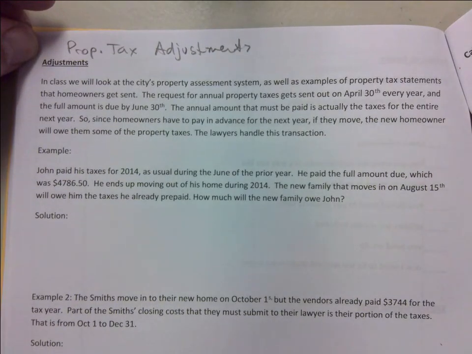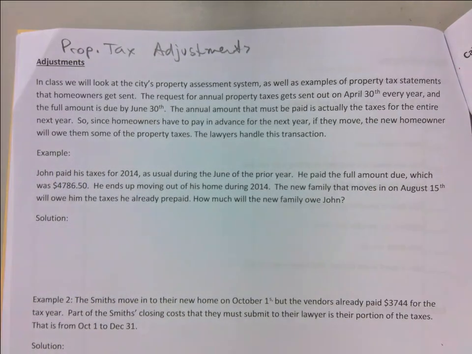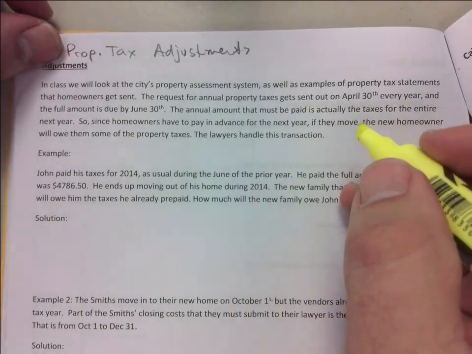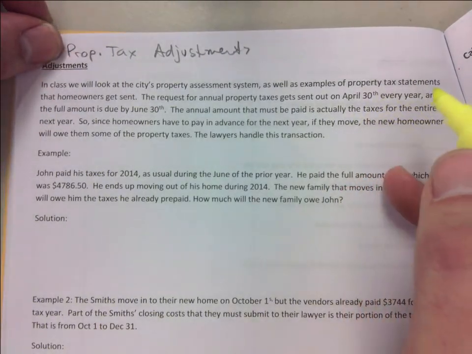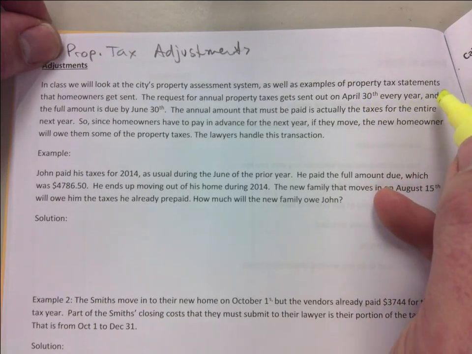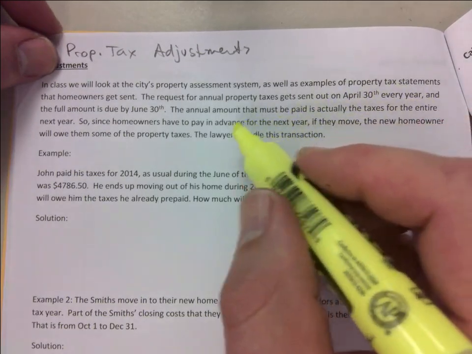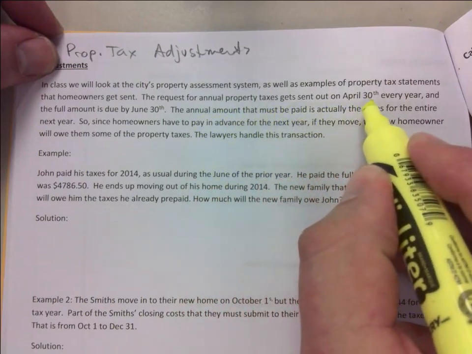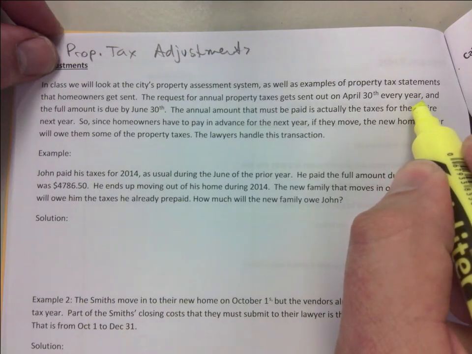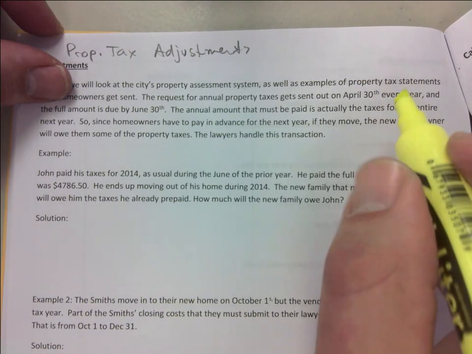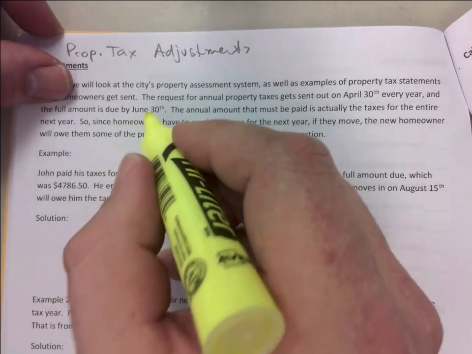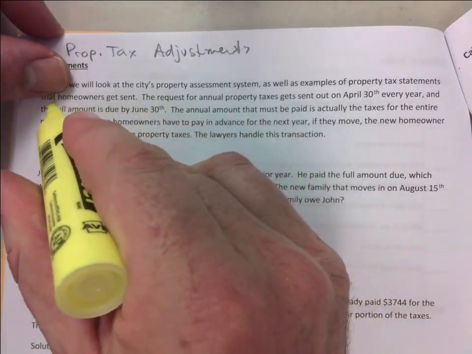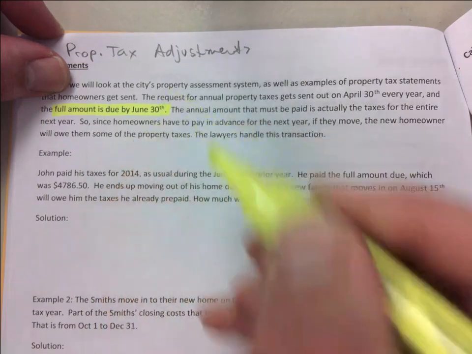In this class we did look at property assessment systems, as well as examples of property tax statements. The request for annual property taxes gets sent out on April 30th of every year. The full amount, it's page 105 if you're still looking for it, is always due June 30th.